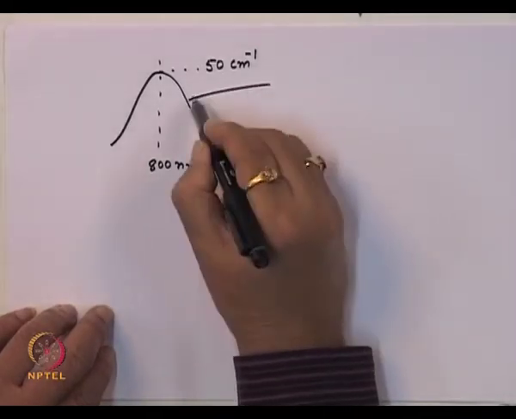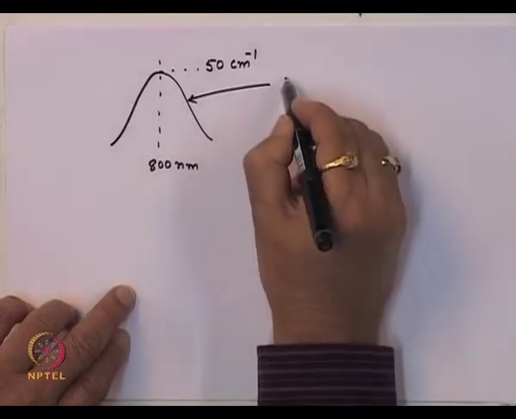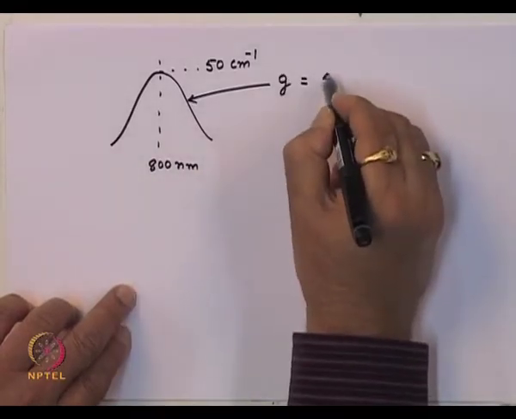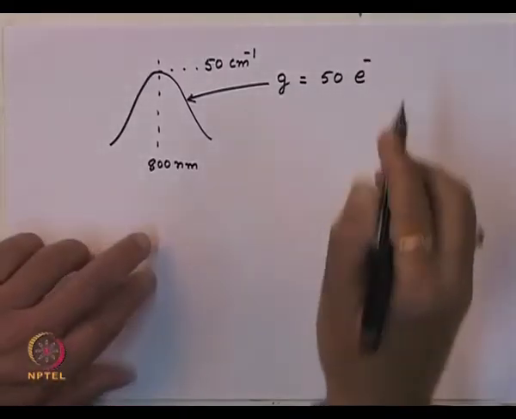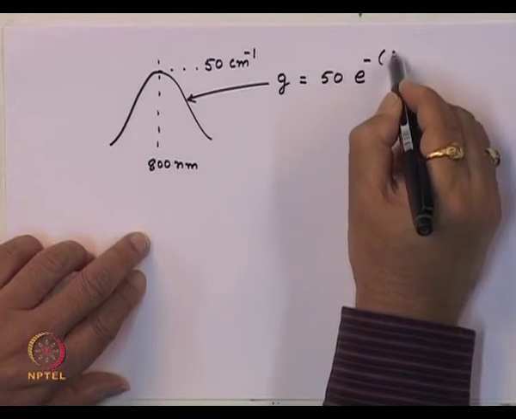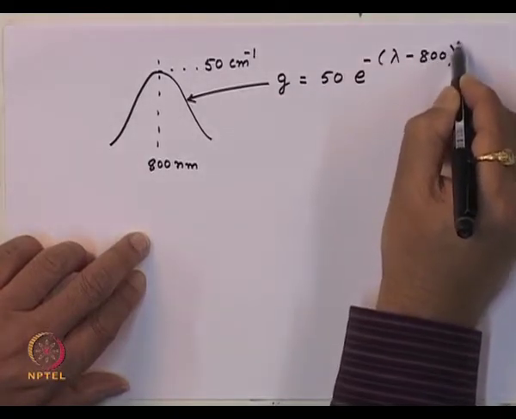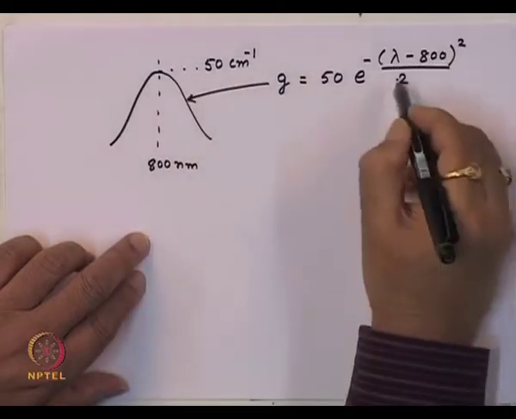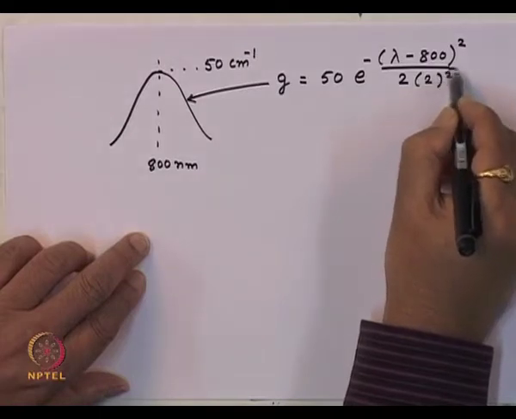So, the Gaussian function, since the sigma is given as 2 nanometer, we can write this gain function g as 50 e to the power minus (lambda minus 800, which is the center wavelength) square divided by 2 sigma square. Sigma is given as 2, which is square.